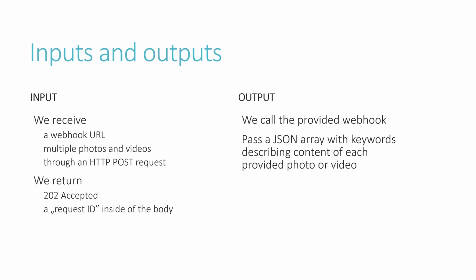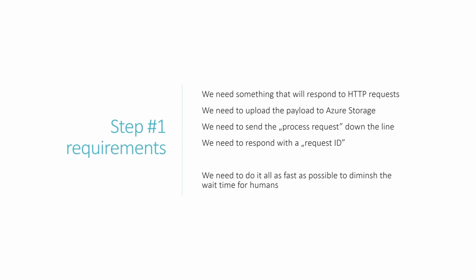But also at a later date we might be able to implement another endpoint which will allow the caller to ask our system what's the status of the process. On the output side, we'll basically call the webhook and send a JSON. So let's start. The first step is to have something which will respond to HTTP requests.